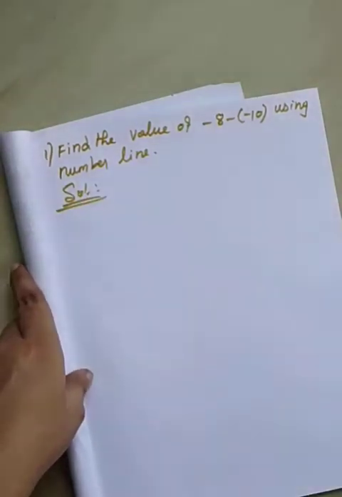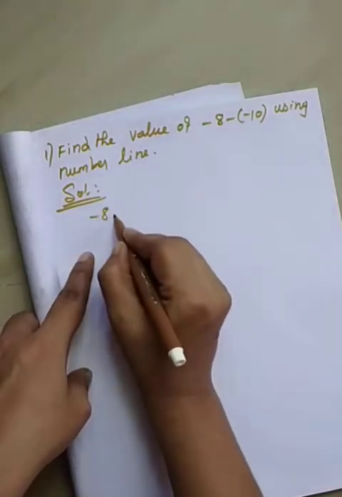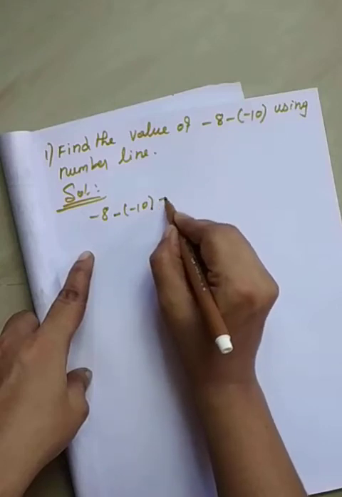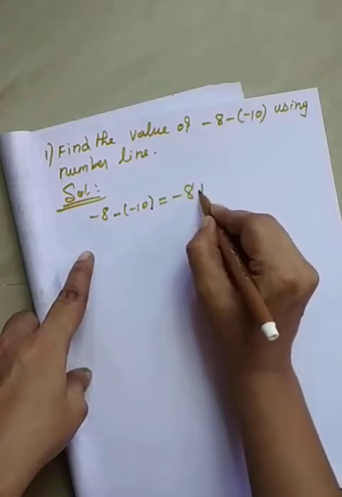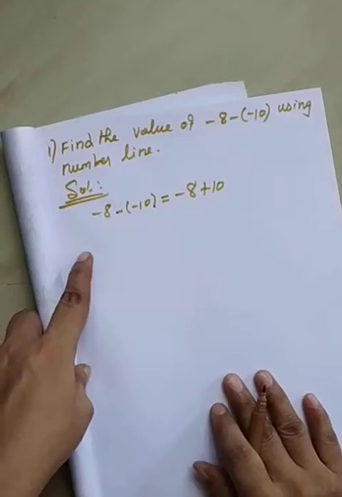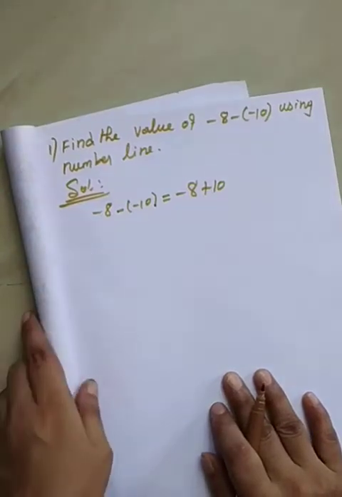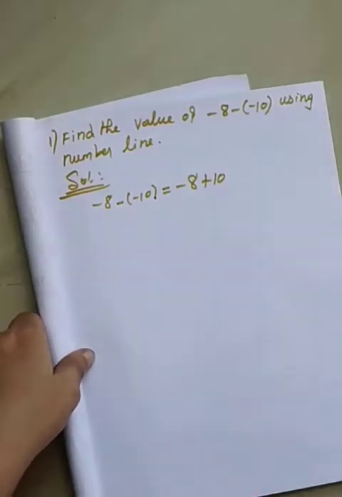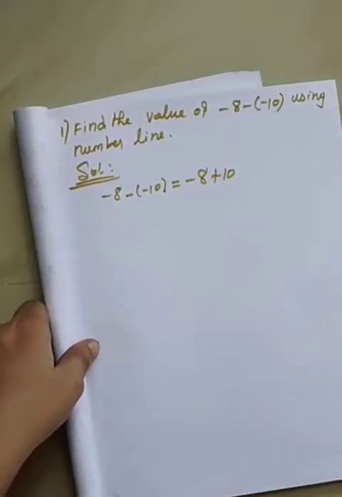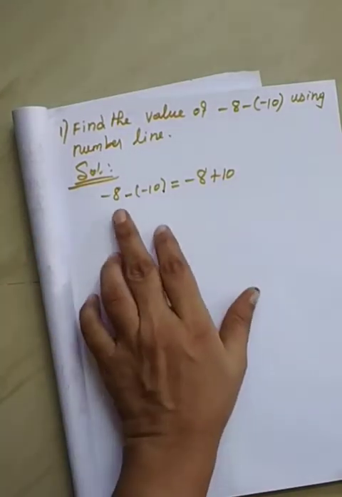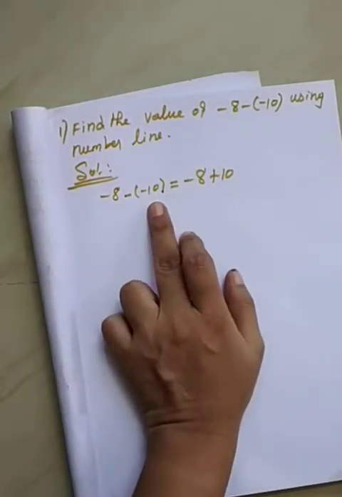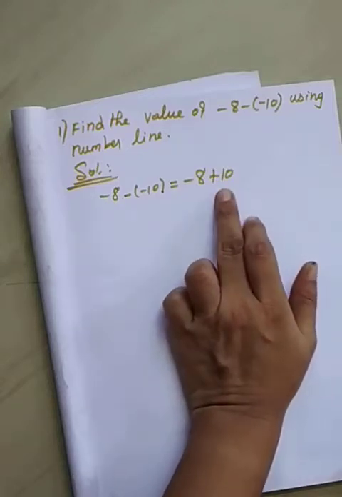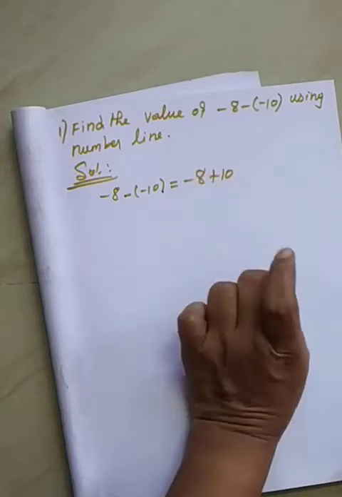See the value is -8 minus of -10. In this, -8 minus of -10 is equal to -8 plus 10, as the additive inverse of -10 is 10, right?